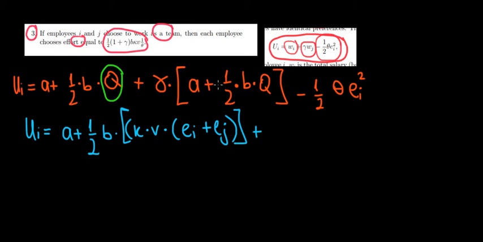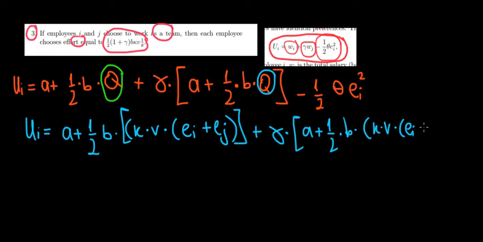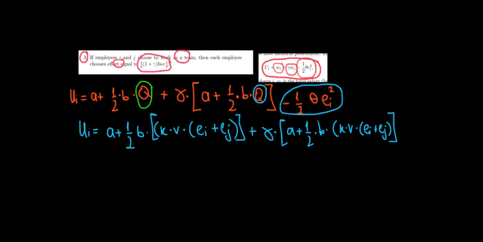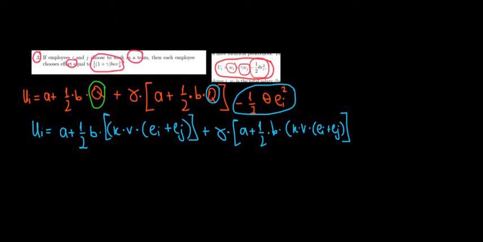Then plus, here we have gamma multiplied with A plus 1/2 times B times the quantity, which is again K multiplied times V multiplied with the efforts of the two guys. Close the brackets. And now we're here, minus the cost of effort, minus 1/2 theta times e to the power of 2.